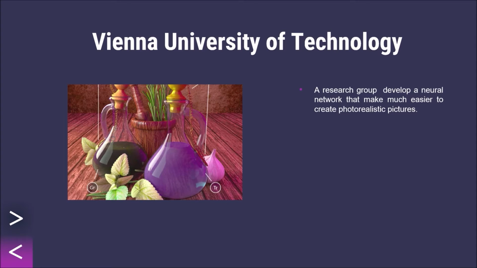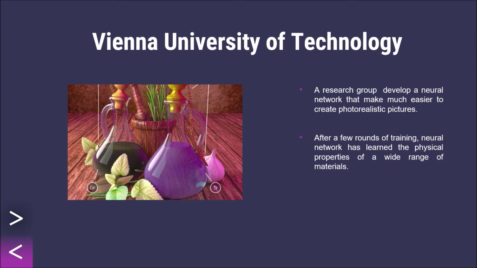With the neural network, even complicated materials such as reflecting surfaces or turbid screens are not a problem. After a few practice rounds, the neural network has learned the physical properties of the desired material. That way, the system acquires parameters which can then be used to insert objects of this material into any image, matching any specific lighting much faster.